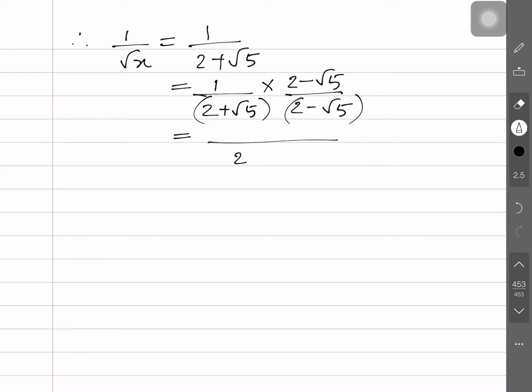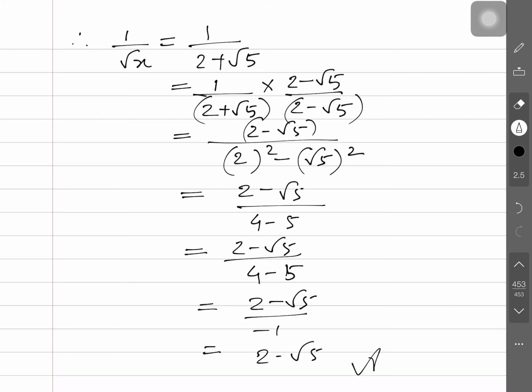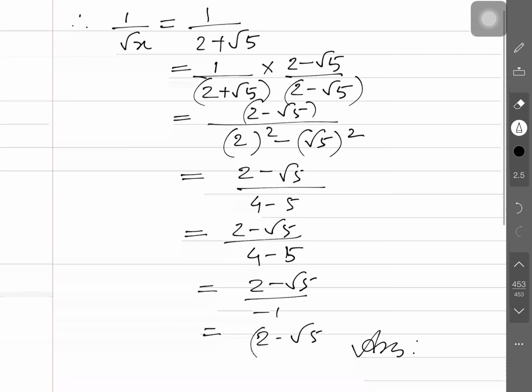Okay, I will not speak anything else about this. A plus b, a minus b pattern, it's a square minus b square, 2 minus root 5, and what next is 4 minus 5. The minus of the denominator is the minus of numerator.